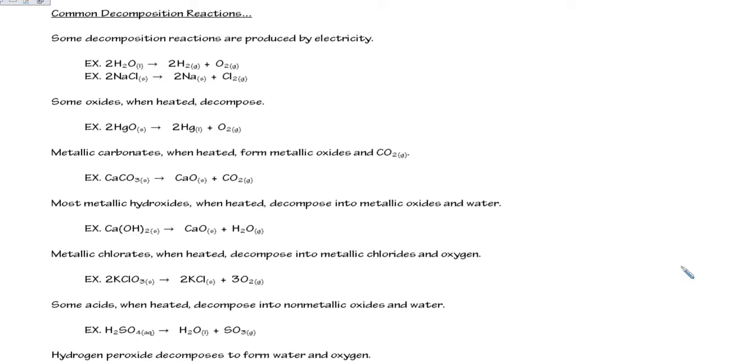If there's only two elements in the compound, all you're going to do is break them apart into the individual elements. Water breaks down into hydrogen and oxygen. Individually, both are diatomic. Sodium chloride breaks down into sodium and chlorine. Only the chlorine is diatomic as an element.